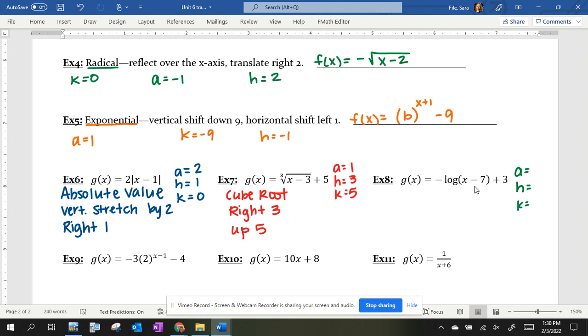Yes. Sure. All right, what type of function is this one? It's log. Okay, it's got a log in it. It's definitely a logarithmic function. All right, A is this negative, so it must be a negative 1. H is 7, and K is 3. So what does that A being negative 1 do?